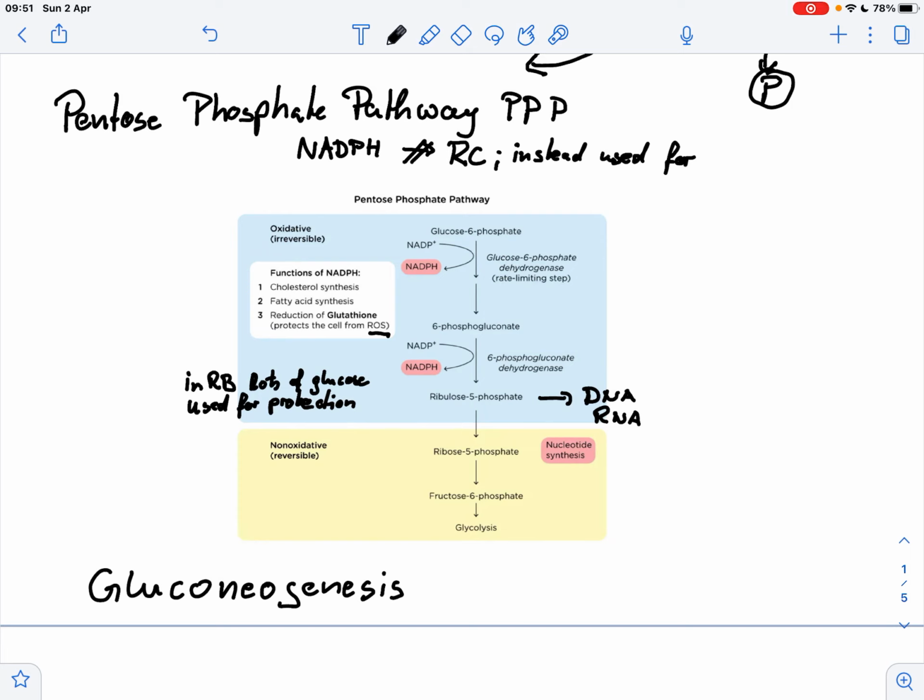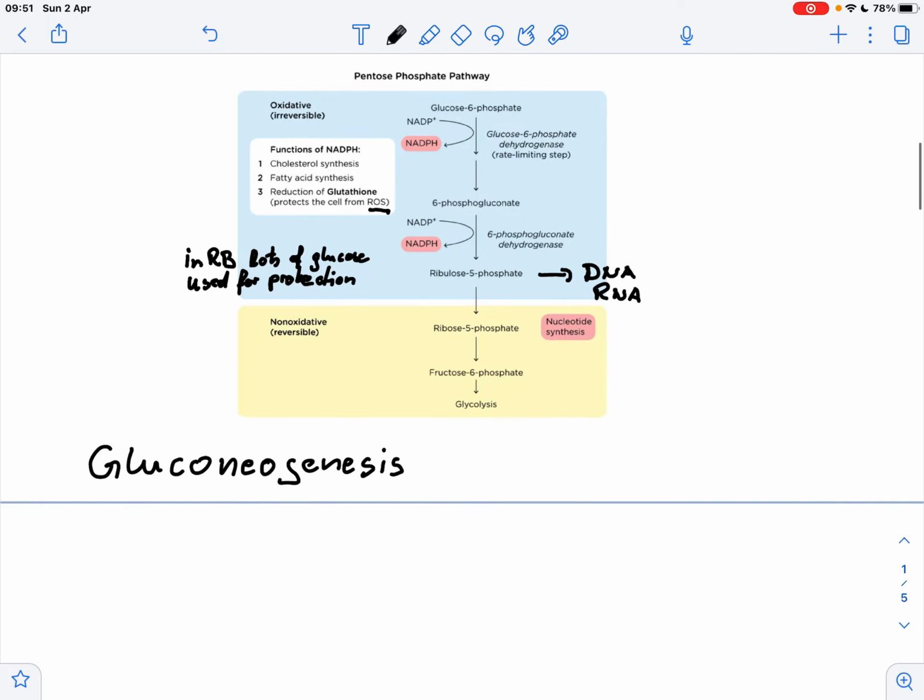Gluconeogenesis is a process whereby we use basically pyruvate and convert it back into glucose. So we are running the glycolysis in reverse. So basically reverse of glycolysis. And in fact, that is pretty much what happens.